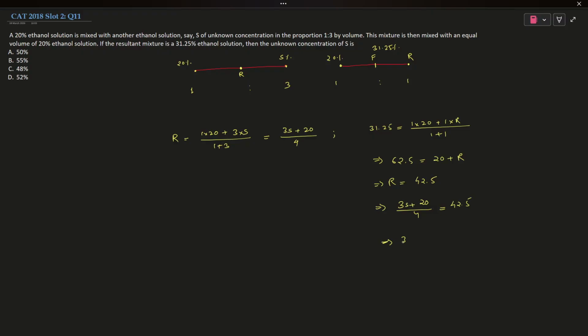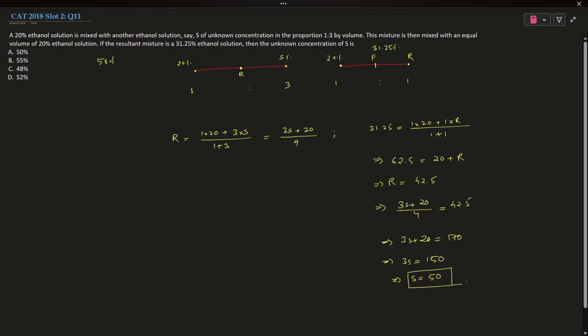So this will give me 3S plus 20 is equal to 170. So 3S will give me 150, right? So S will come out to be 50.